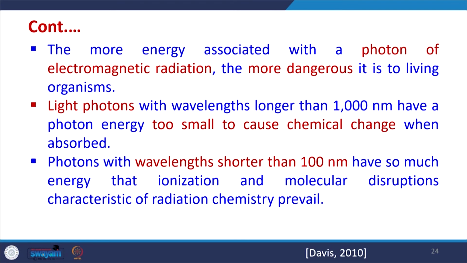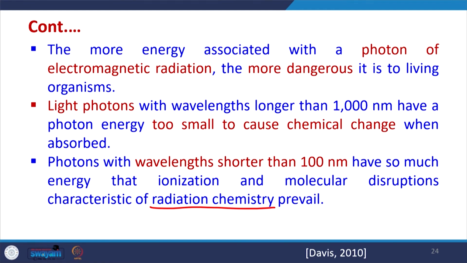But photons with wavelength less than 100 nanometer have so much energy that ionization and molecular disruption may happen. So, this is possible, and radiation chemistry conditions may prevail if we are using such ultraviolet radiation.